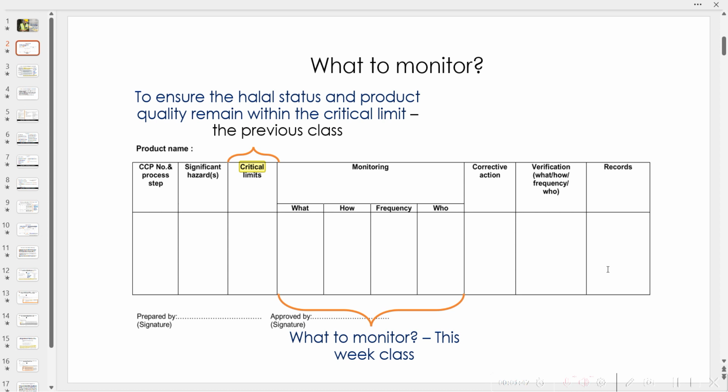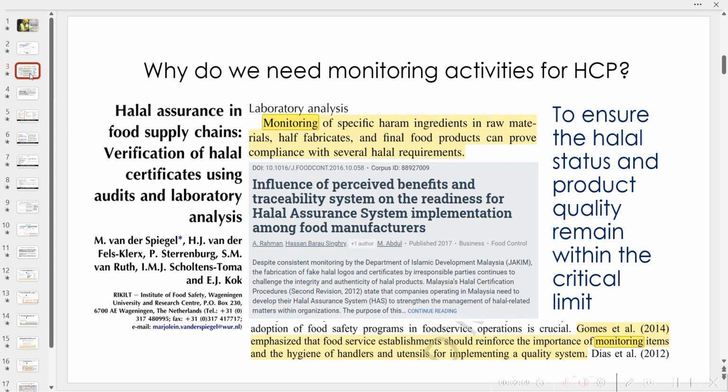Actually 5, but in JAKIM's module they propose to use these 4: what to monitor, how to monitor, how frequently you want to monitor, and who will be the responsible personnel to do the monitoring activities.